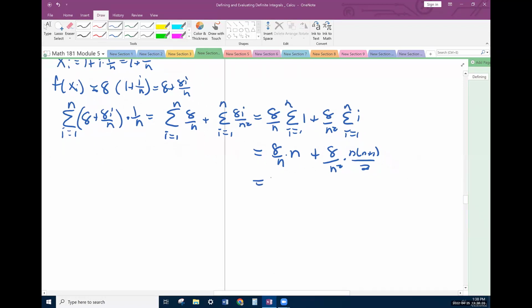Okay, we're out of summation phase. We're into simplifying the n's. That's 8 plus 8 over n squared times n squared plus n over 2. I just want to reduce that to 2 and the 8 right off, if you don't mind.